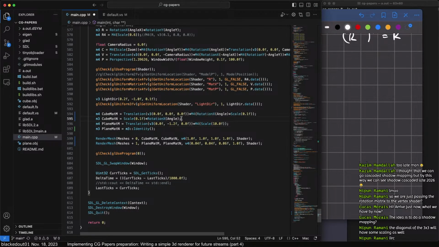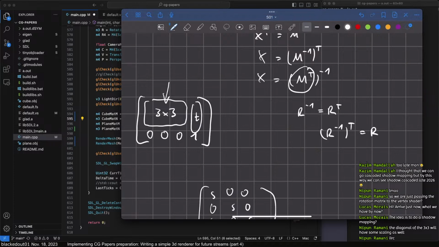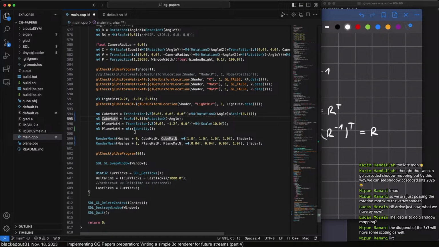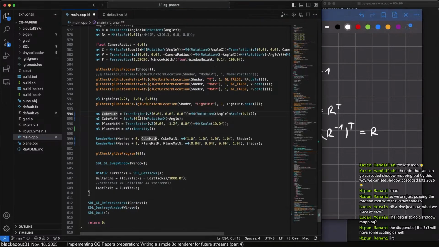And transposing the rotation matrix basically inverts the rotation. So we would have to put a minus here. And then we have done the transpose, and now we'd have to do the inverse. Yeah, so this would mean we would have 10 here.